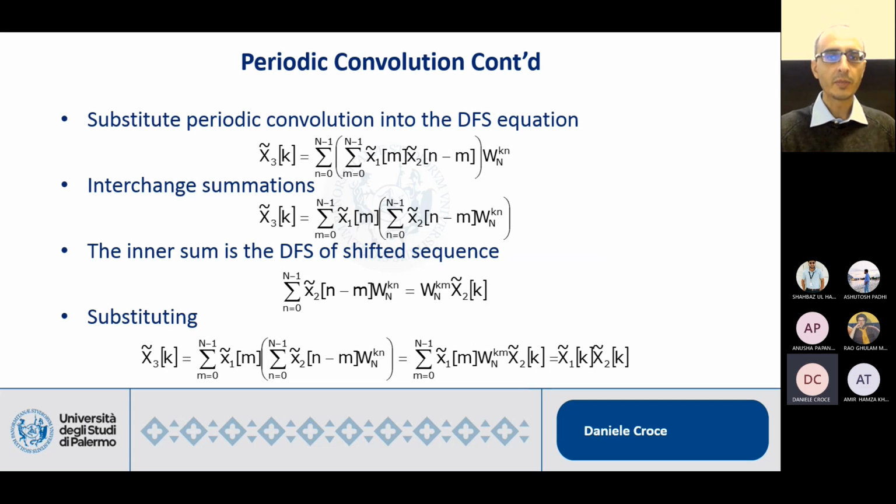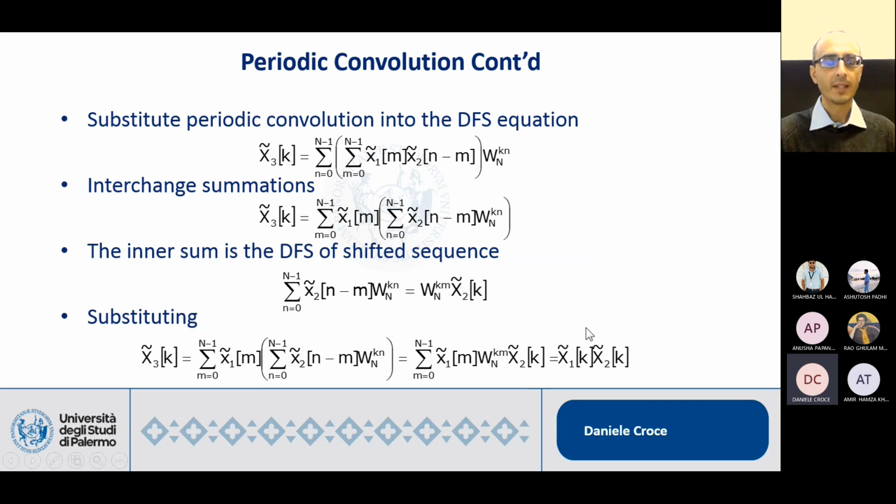Okay? So if you substitute this back in the equation, what we obtain is the summation of the elements of the first sequence x1 times W_N to the km multiplied by the DFS of x2. And what you get here is the definition of the DFS of the first sequence. So what we obtain is exactly the multiplication of the two DFS.